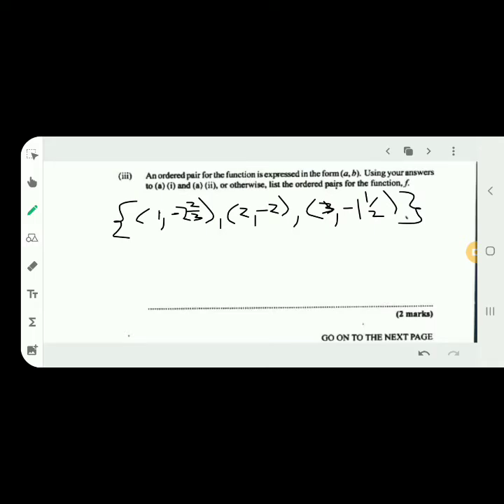All you'd need to do is figure out f of 3. If you're following the pattern though, you should realize that you're basically adding a half to each of these. I made a mistake right here, so that's negative 2.5.